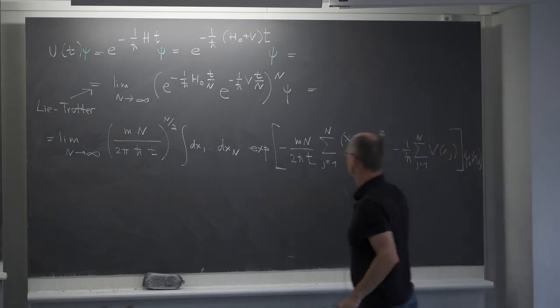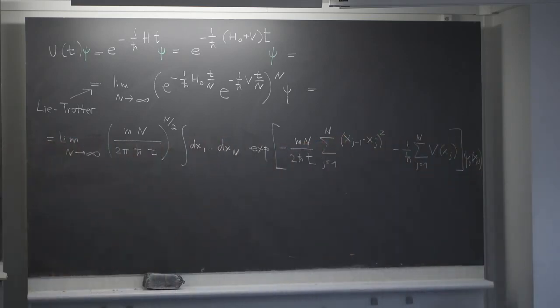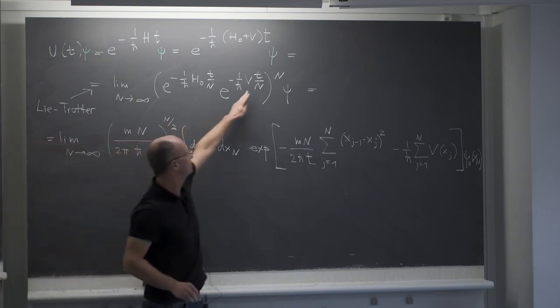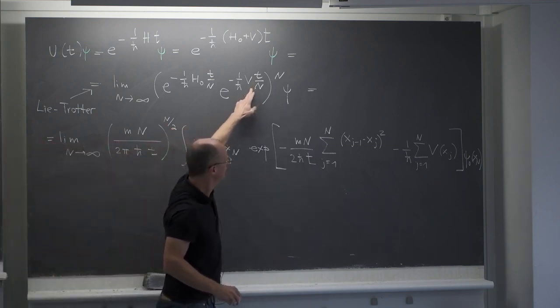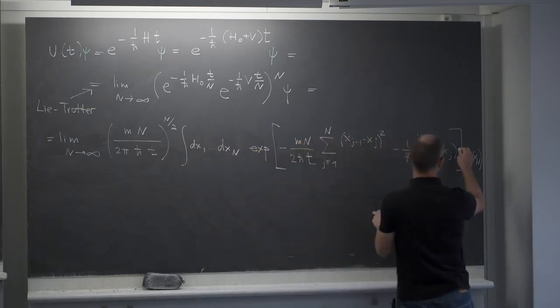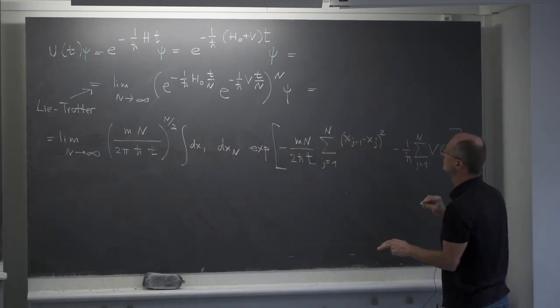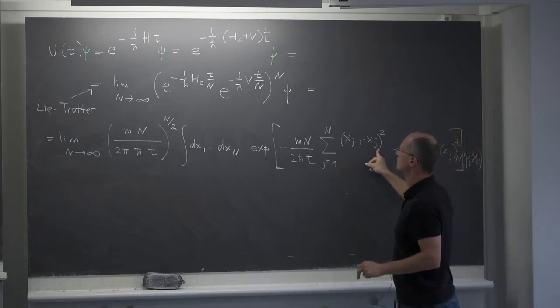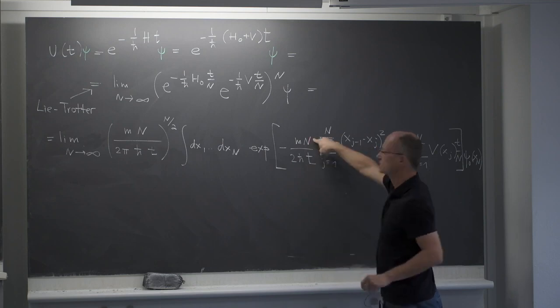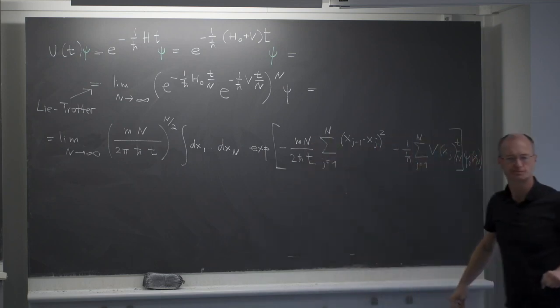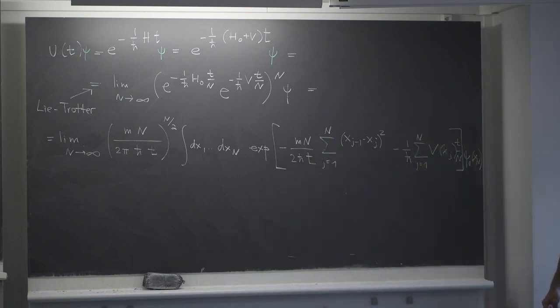So this comes from those kernels, and as before, times t over n, right? And here that's the right one. Does it look good for you?